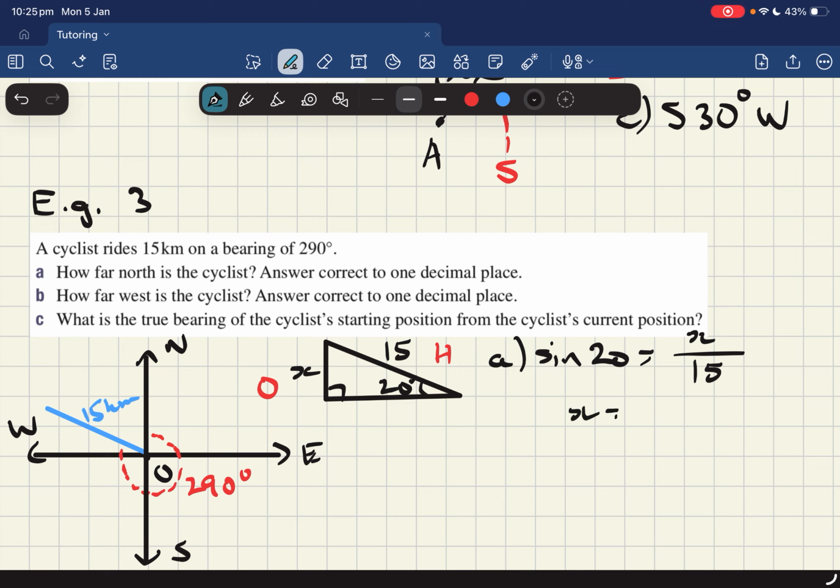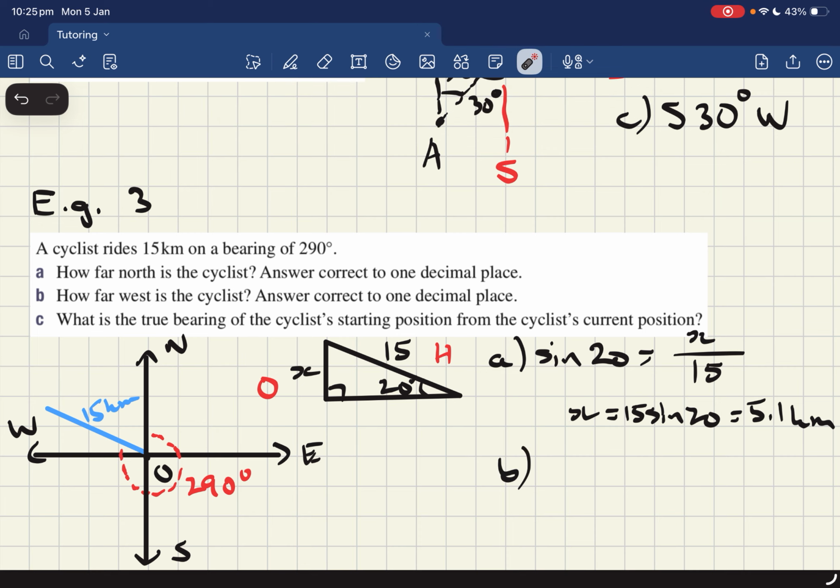So x equals 15 sine 20, which equals, to one decimal place, I'll just go straight into the answer. That's going to give you 5.1. And that's kilometers.